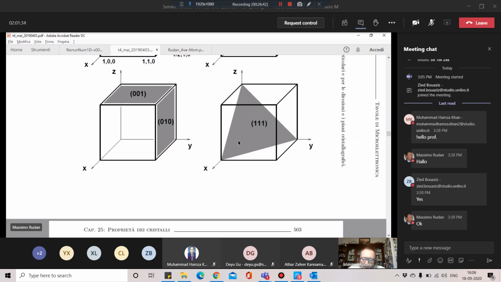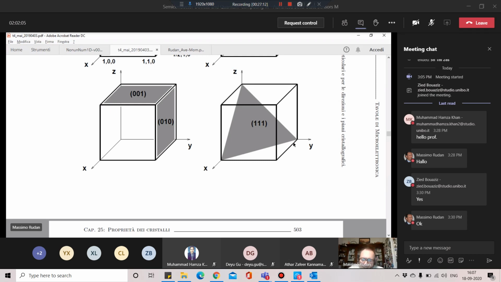Now, let's look at the right part of the figure, which is the easy one, okay? The gray area is a portion of a plane. And you see immediately that this plane has a property. It intersects the x-axis in the position 1, at the distance equal to 1 with respect to the origin.